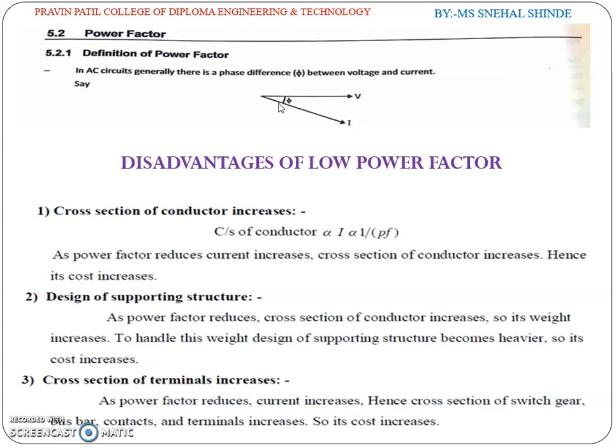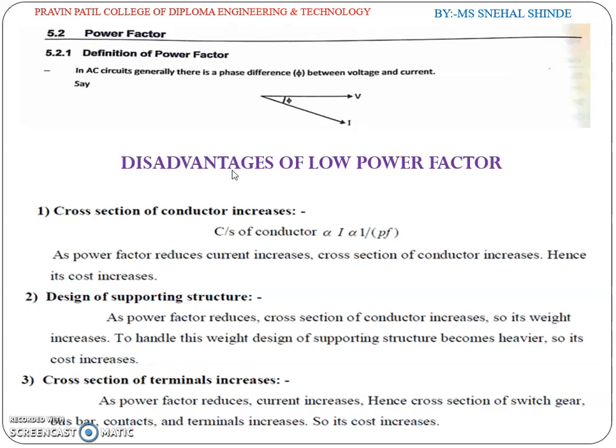Similarly, in a capacitive circuit, the current leads the applied voltage. If the current is drawn in the upper half, this will be a capacitive circuit, the current leads the applied voltage, and therefore the power factor of the circuit is leading.